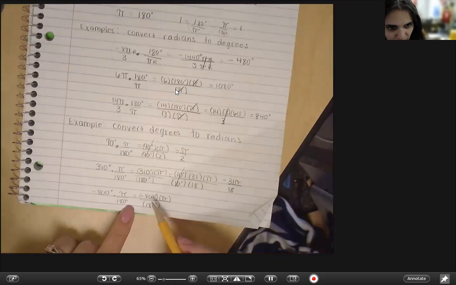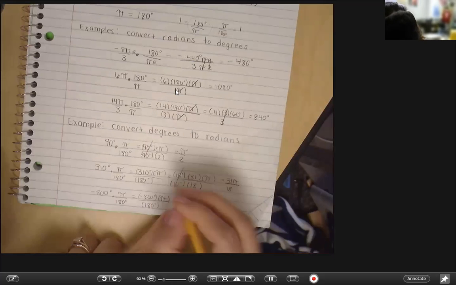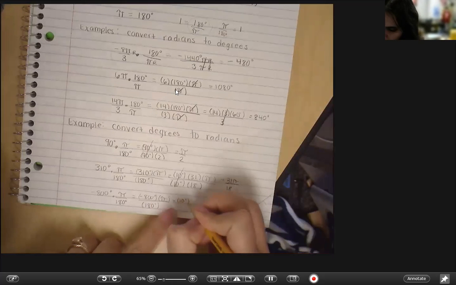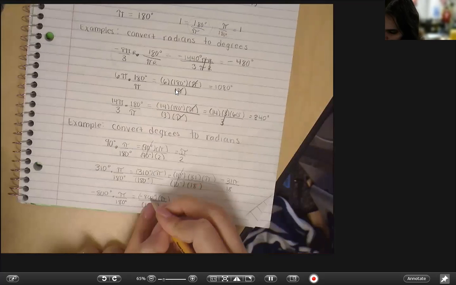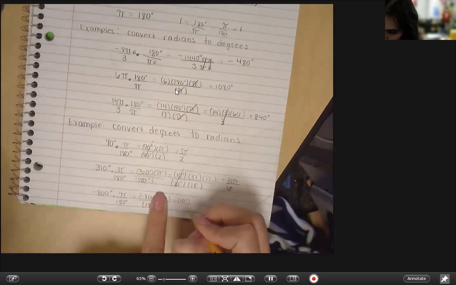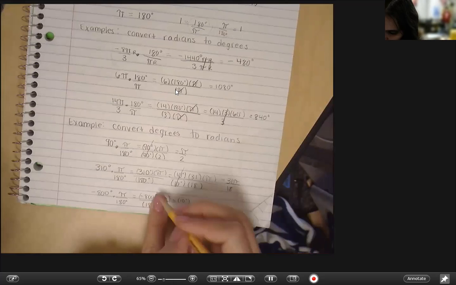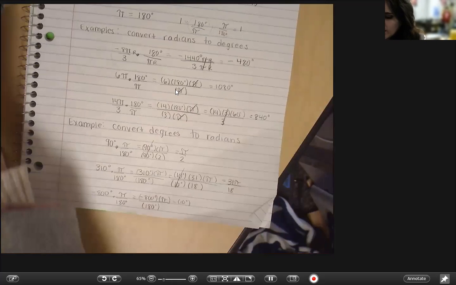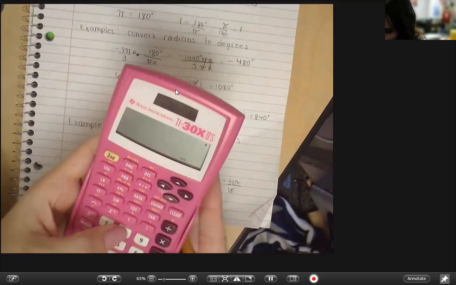Well, right away, I know I could take out a 10, right? I could make this 10 degrees times 80. And then I would have 80 on top and 18 on the bottom. Is there anything else I can do to divide them? Well, 18 I can divide by 3 or 6 or 9.